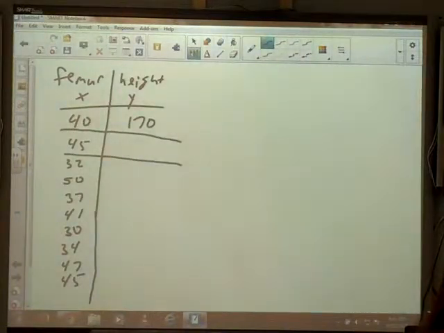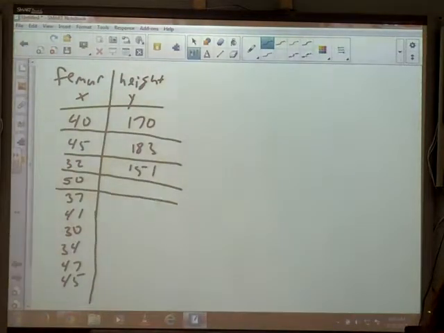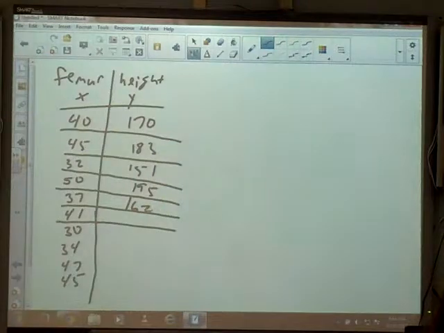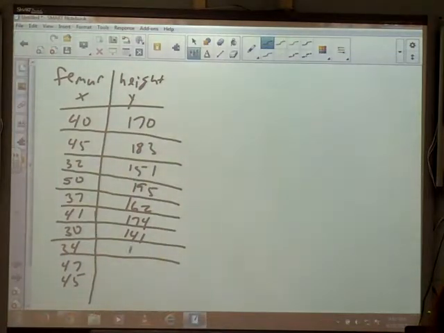A femur length of 45 was 183. 32 was 151. 50 was 195. 37 was 162. 41 was 174. 30 was 141. 34 was 151. 47 was 185. And 45 was 182.